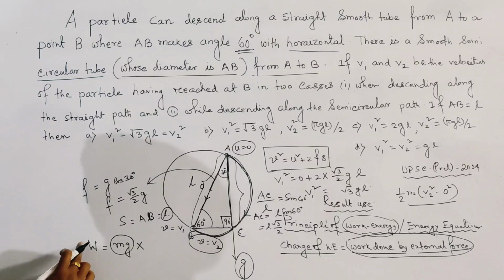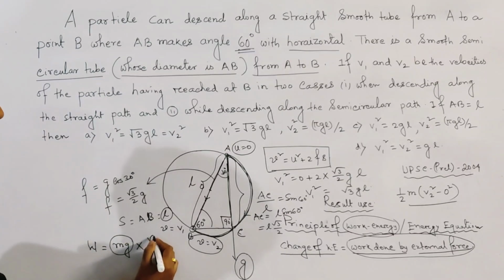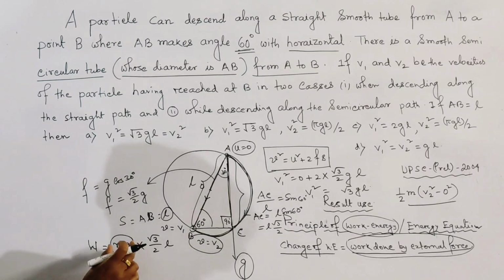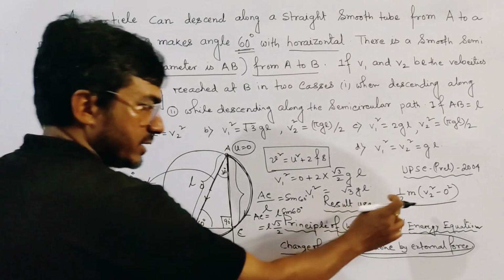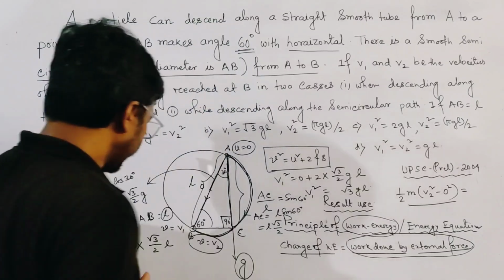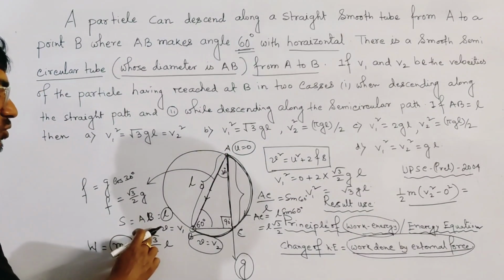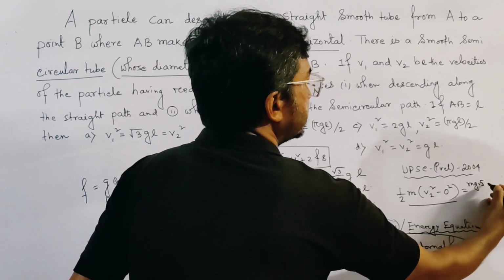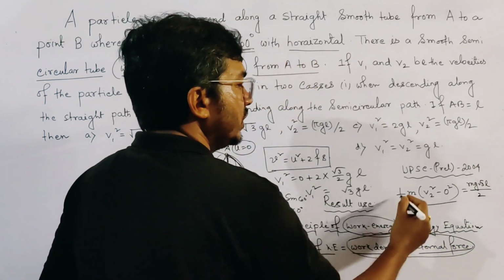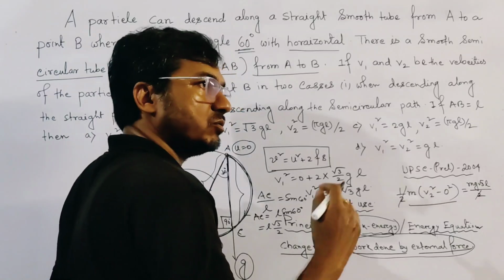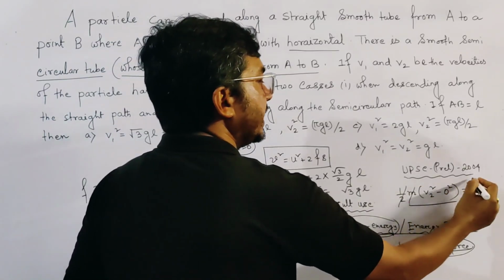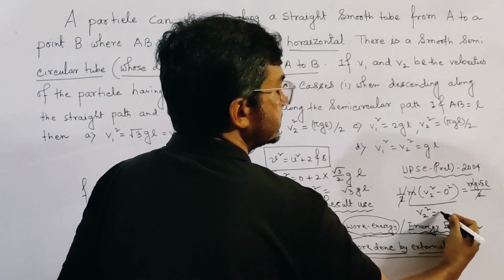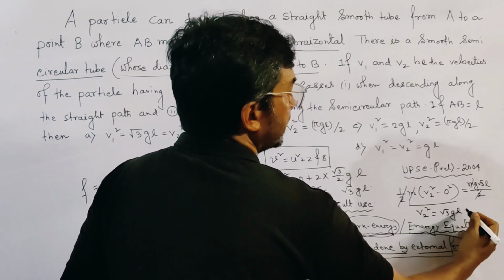Now the work done is mg into root 3 by 2 into L, and we put this value of work done here: mg root 3 L by 2. Half and half cancel out from both sides, m and m cancel out, so we obviously get V2 square equal to root 3 into gL.